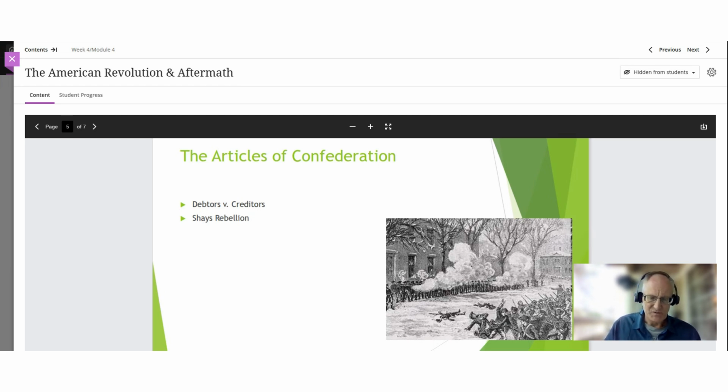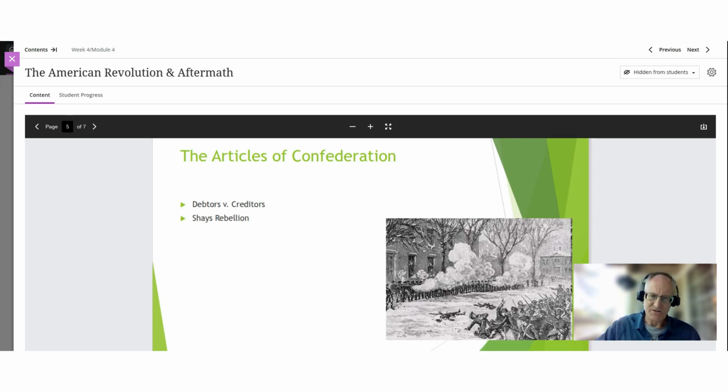Massachusetts farmers believed that they had a right to overthrow the government because it had become oppressive over the people themselves, as had been done just recently with regard to the British government. So again, the issue of taxation here was serving as a flashpoint, a point of friction between the people and the government.